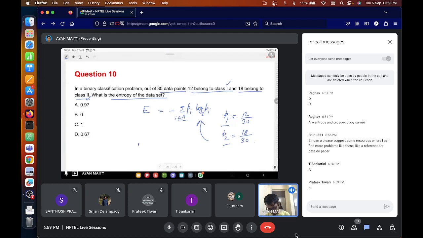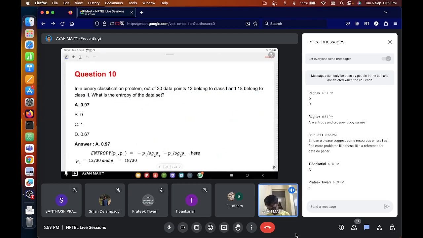So entropy would be minus P1 log base 2 P1 minus P2 log base 2 P2. You have to compute this expression only, and the P1 and P2 values can be computed from the question. If you plug in these two values and compute, the result would be option A, 0.97.